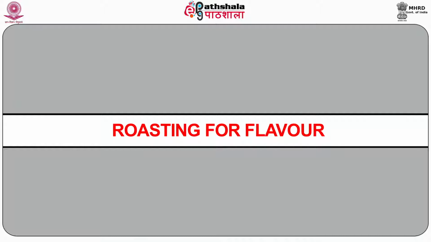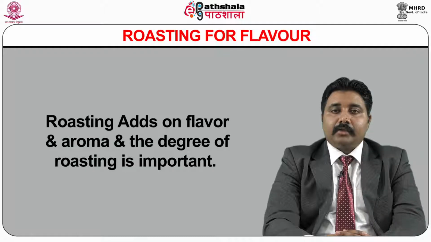Grading and cleaning. Then they are cleaned at a preliminary stage to remove any stones or other objects by sieving. The dried pulp around the bean is removed. Roasting for flavor. Roasting adds on flavor and aroma, and the degree of roasting is important.